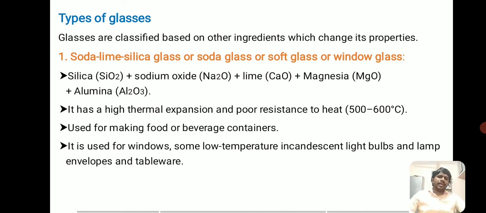This glass has a high thermal expansion and poor resistance to heat. It is used for making food or beverage containers, windows, some low temperature incandescent light bulbs, lamp envelopes and tablewares.